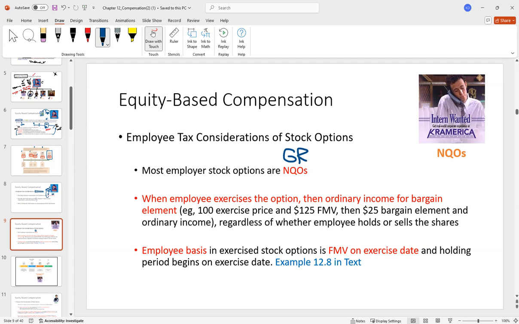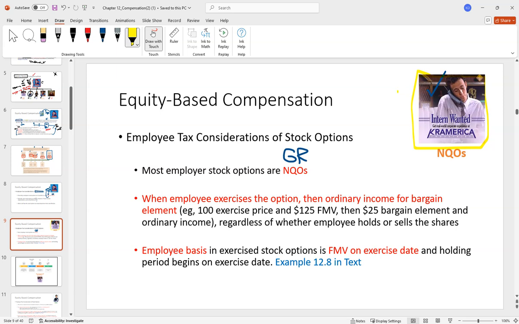non-qualified options, the general rule, most of the time it's going to be that. So we have the intern, Darren, who is working for us. We're going to compensate you with some non-qualified options here. And essentially what happens for Darren is we said there are two questions. When is this taxable to him?